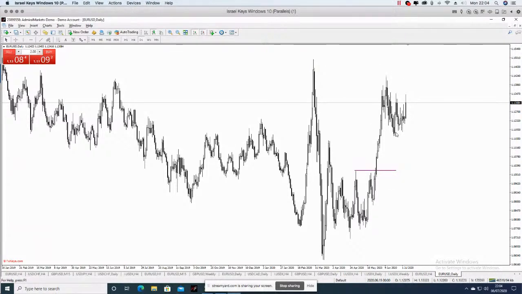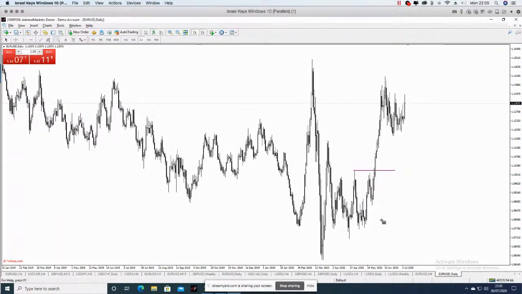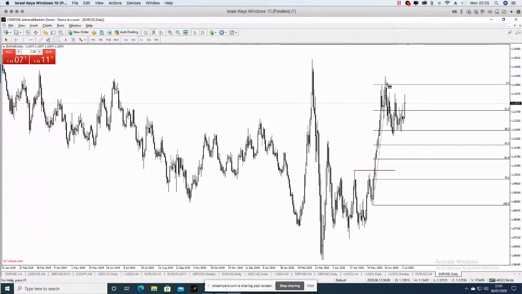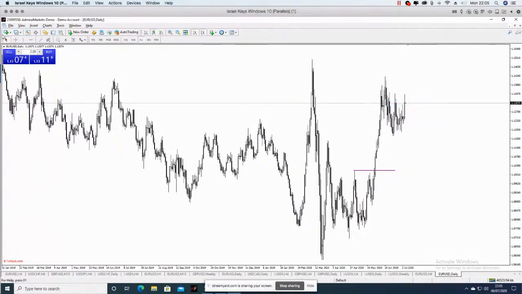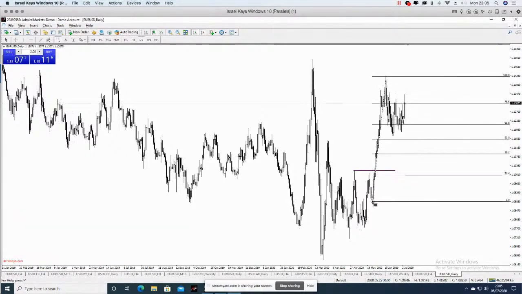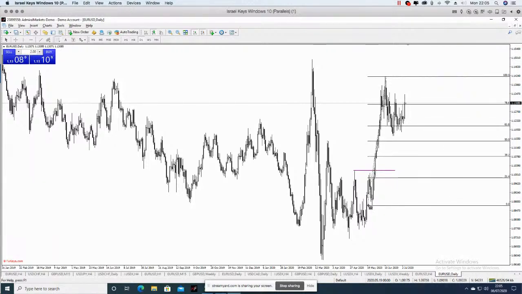Price has gone up and it's forming probably a 38.2, I think, actually wrong way. So 61.8 level retracement there. Let's see. It looks like a 61 to me. Yep, 61.8. And on the daily, we've already had an engulfing up.